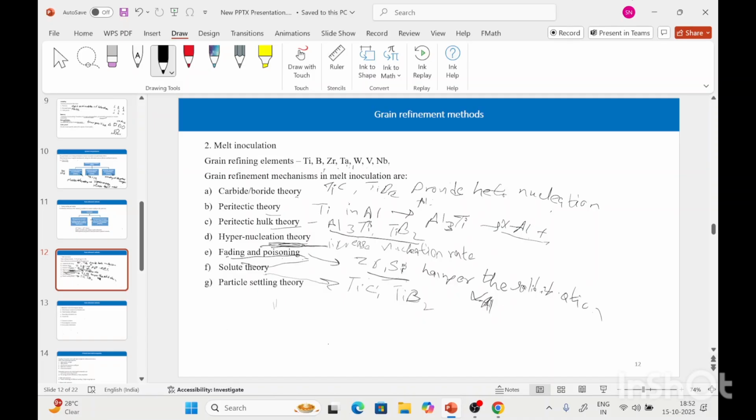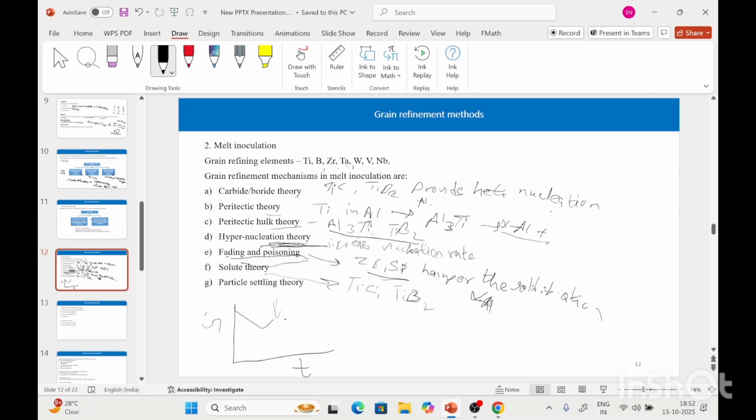Then next is the particle settling theory, meaning if we draw grain size versus time. At some point the grain size is decreasing with the solidification time, and at some point it starts to increase again because the nuclei which are forming in the liquid will settle down at the bottom.